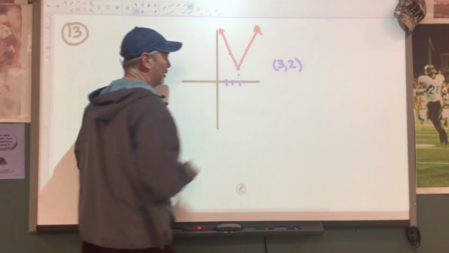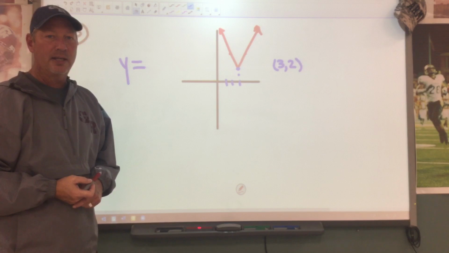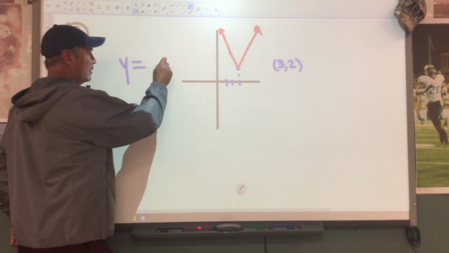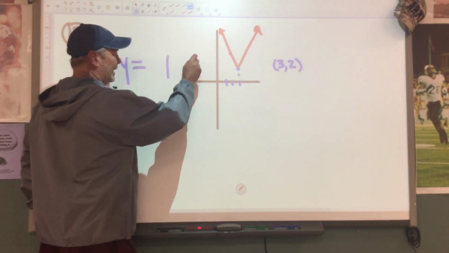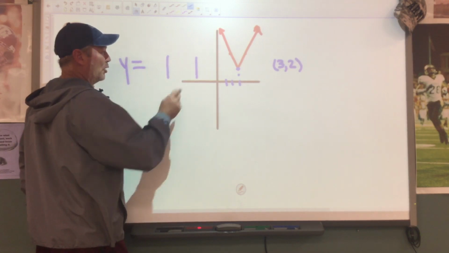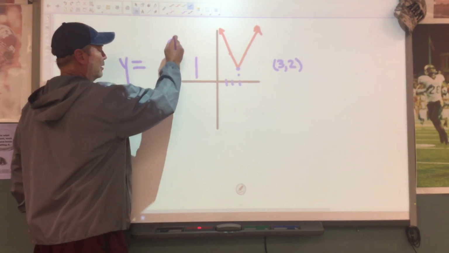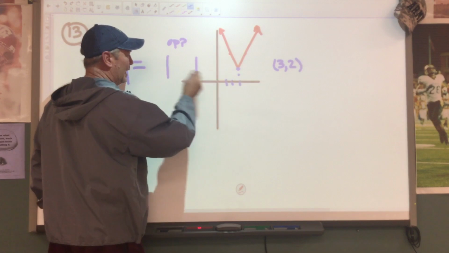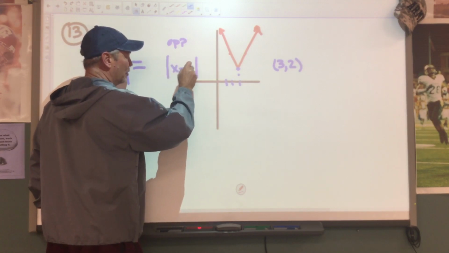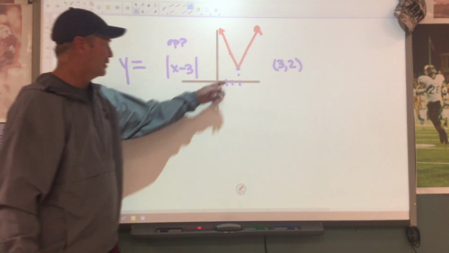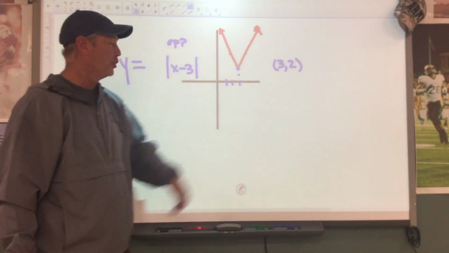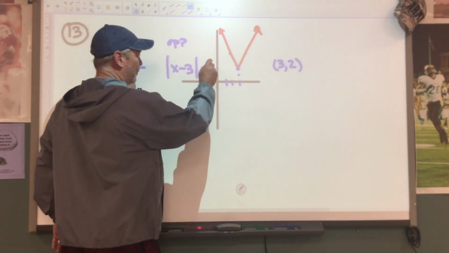I'm right there. Okay, so if I went to the right 3 and up 2, how would I write that? We would say inside the absolute value, you're thinking opposite. So this is going to be x minus 3. Since I went up 2, which is my k value, we're going to go plus 2.